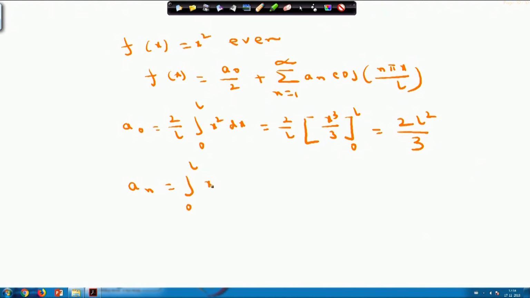And your a_n is equal to the integral from 0 to L x square cos of n pi x by L dx. So, this one I have to break into two parts.